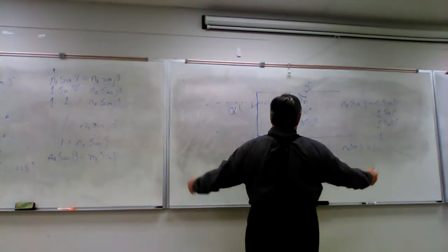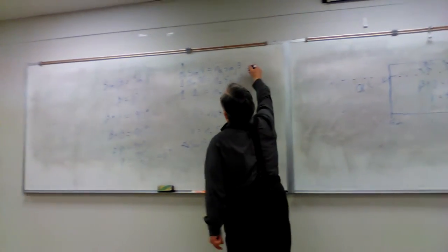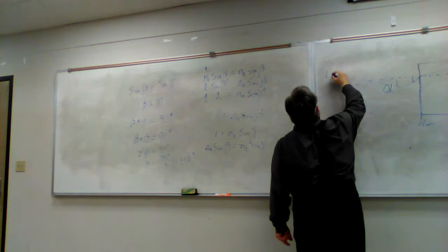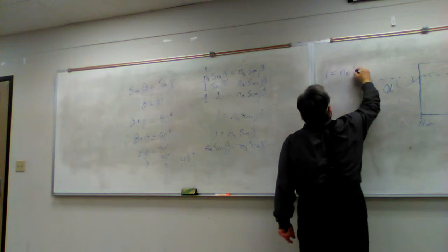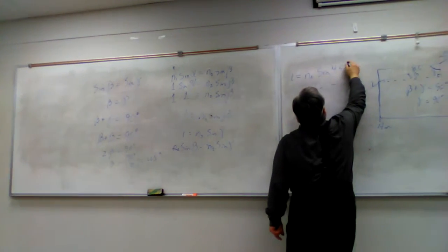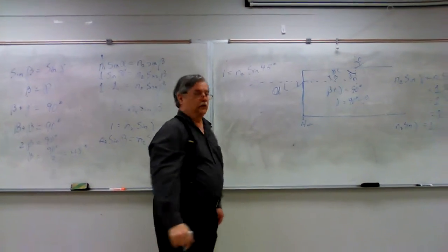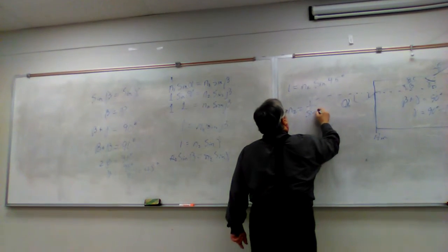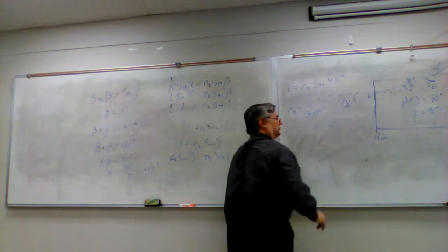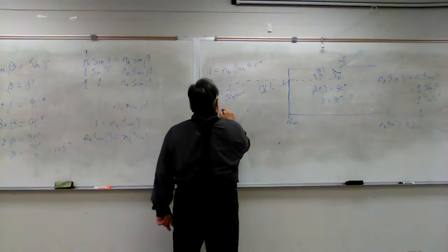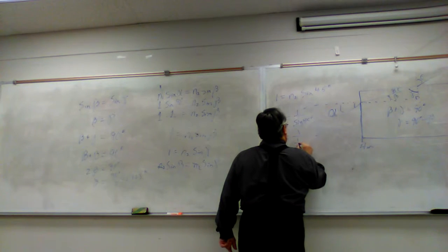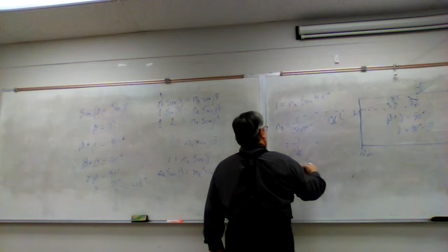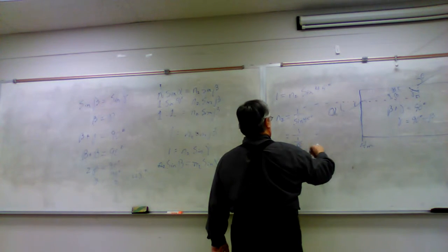Okay, well, that means 1 must equal n2 times the sine of 45 degrees. Or n2, in other words, must equal 1 divided by the sine of 45 degrees, which is 1 over the square root of 2. So n2, 1 over that means you flip that back the other way.